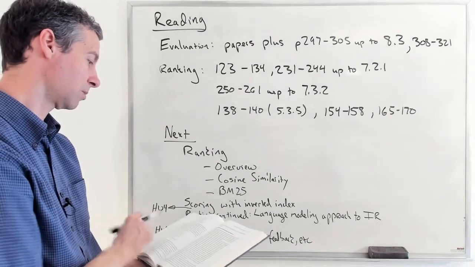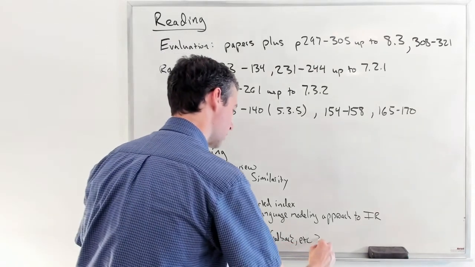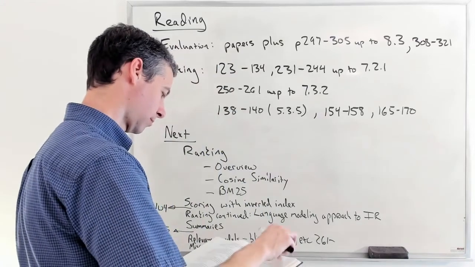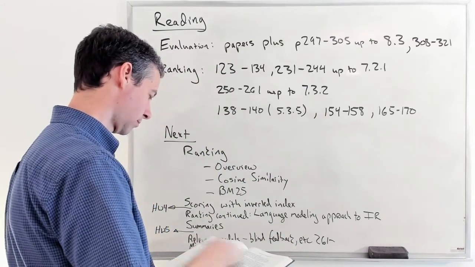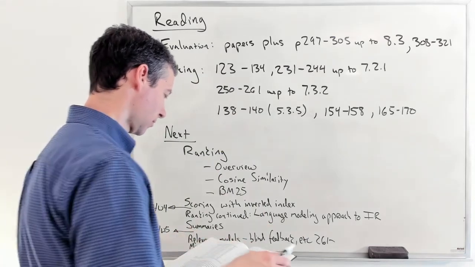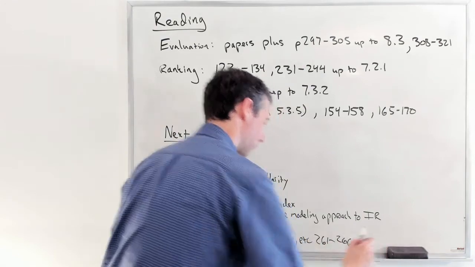Yeah, 261. So relevance models, this is 261 to 266. All right.